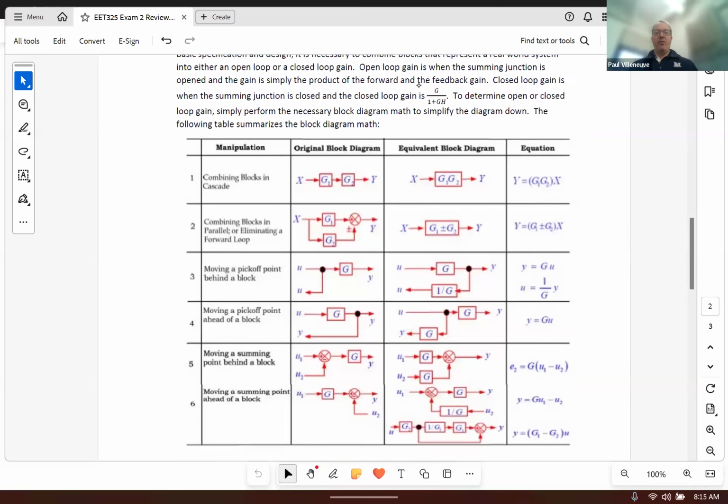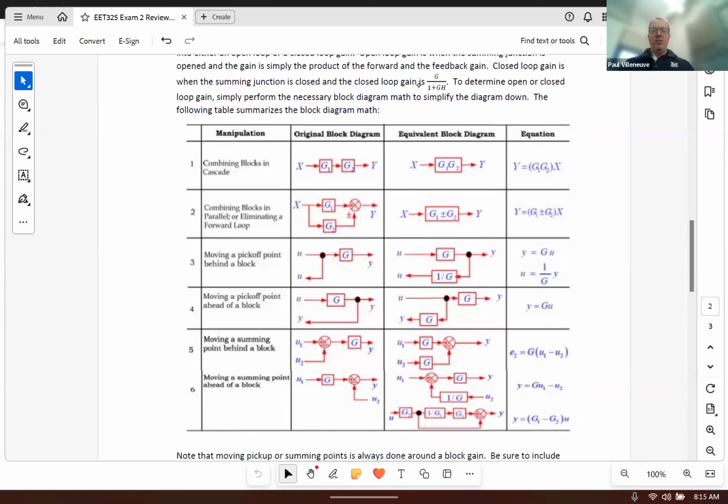systems in block form. And then the only one that's not on here, do you see it? What's the only one that's not on here? I didn't include it because we do it so much, you're probably sick of seeing it.